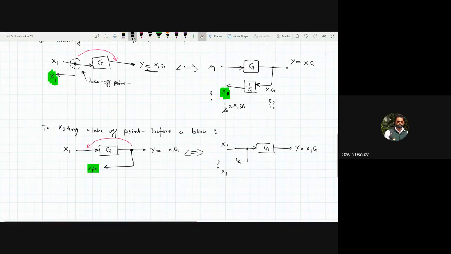You have to multiply this bottom signal with G. So the incoming signal is X1, and the output signal is going to be X1 into G, that is G into X1. So this is what you have to do in case you think of shifting a takeoff point before a block.